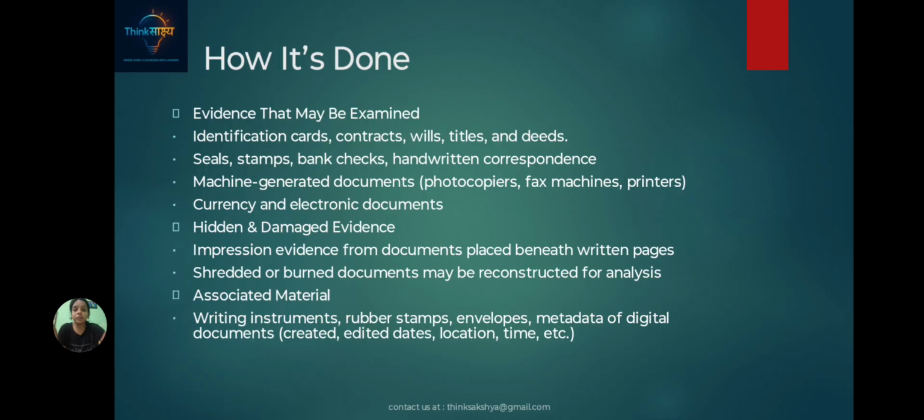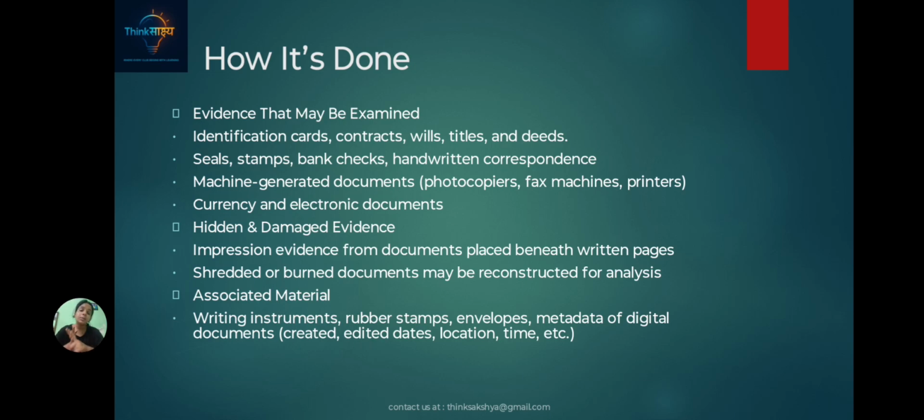Now, coming to how it is done. What kind of documents are examined? First of all, identification cards, contracts, wills, titles and deeds. These are types of documents that are examined, and previously we have also studied many more documents which come under questioned document examination.